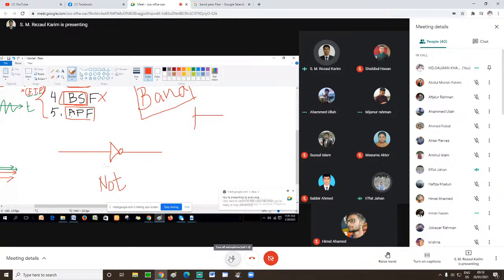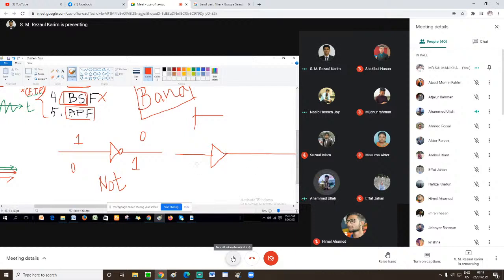So in the case of a not gate, when you give 1, you will get 0. When you give 0, you will get 1, right? Okay. There is another gate, like this one. What is this? Buffer. Yes, this is a buffer gate.